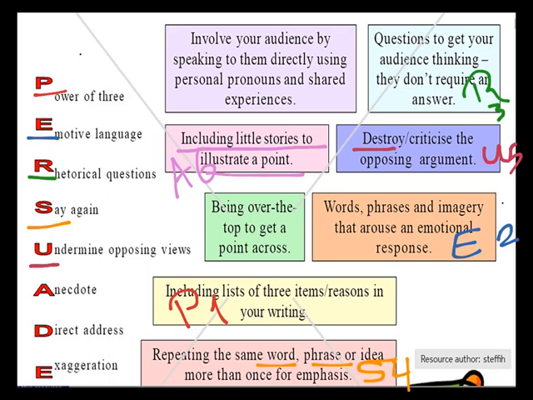This is also kind of putting an emphasis to your point of view. You're showing how valuable it is, how right it is. You're stressing it. You're proving it using reasons and facts, as we mentioned. So, anecdote is including little stories to illustrate a point.